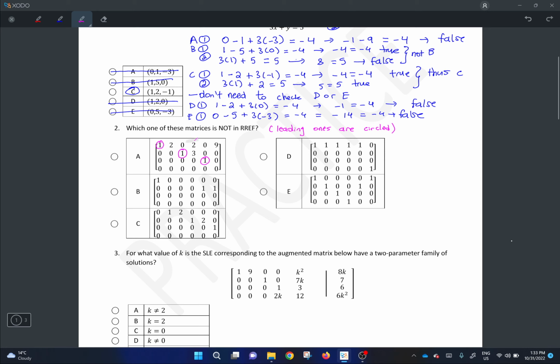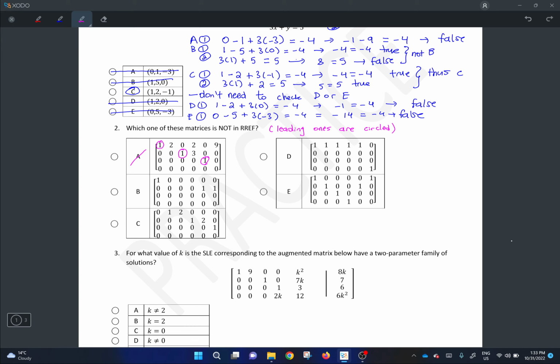And the last column, we can't put a leading 1 here. Not possible to do that. So those 2s and 3s and that 9 might bother you, but there's nothing you can do about it. We're stuck with that. That is a matrix that's fully row reduced. So it can't be option A.